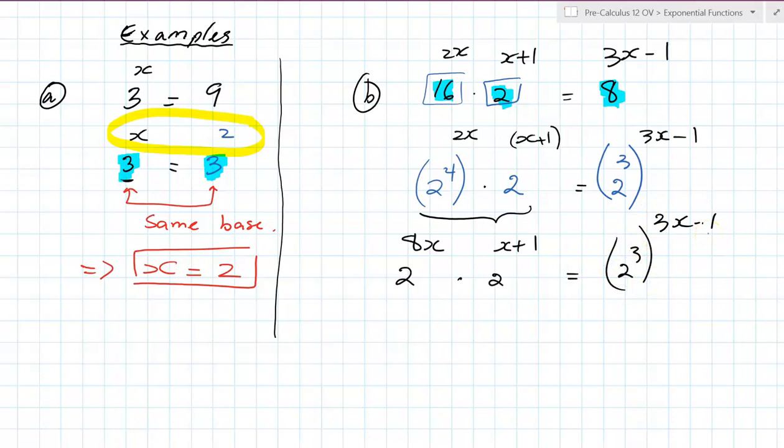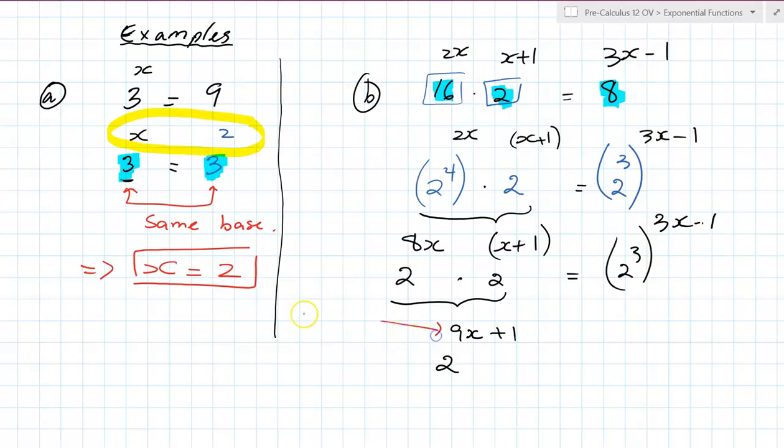Good. Now we're going to look at this. Same base. What are we going to do with the exponents when we have a multiplication of the two expressions or powers? Well, here it is. We have to add the exponents. 8x plus x is 9x, and then plus 1. Remember, we are adding the exponents.